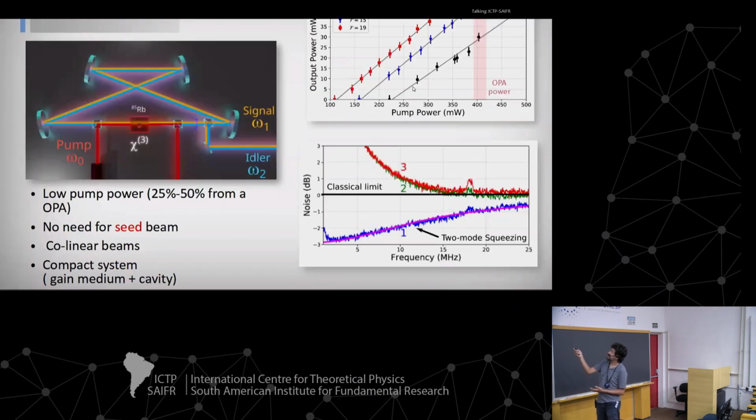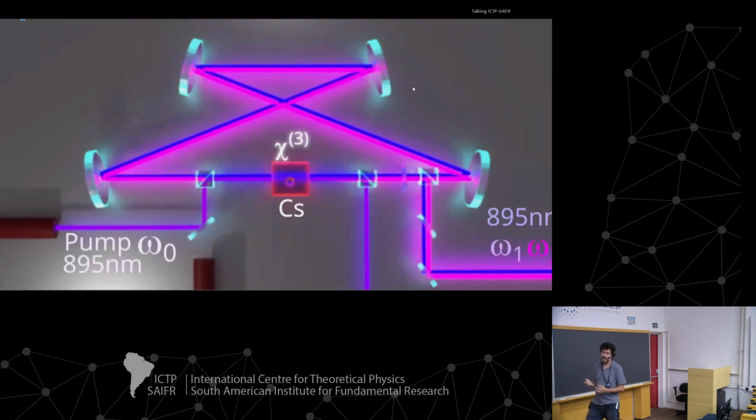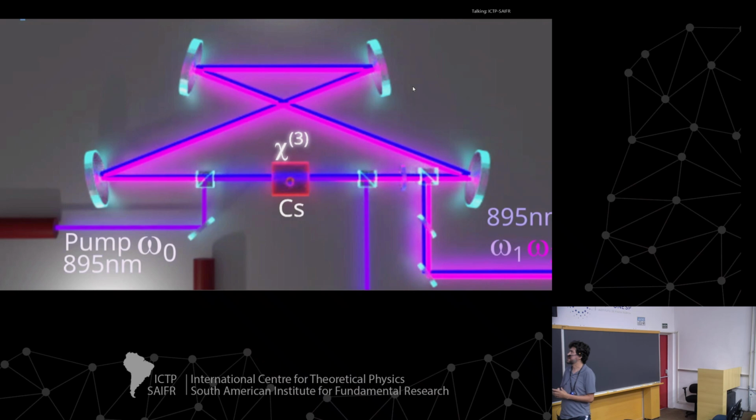So just to sum up, the idea is to have this kind of light source. But one advantage is that, different from OPOs with crystals, where if you want to change the wavelength you really have to do some engineering, here we can just simply change the vapor cell and work with cesium, for instance.